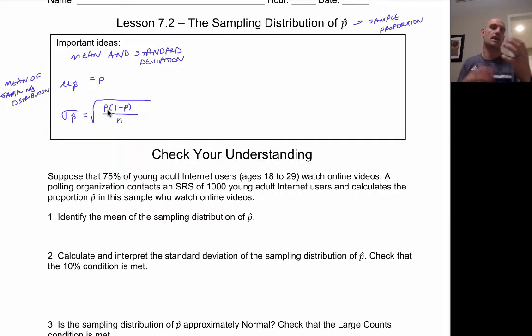In this case, p would be the proportion of the orange ones, and 1 minus p would be everything else, so the yellow and the brown. But the important condition on this is if the 10% condition is met.